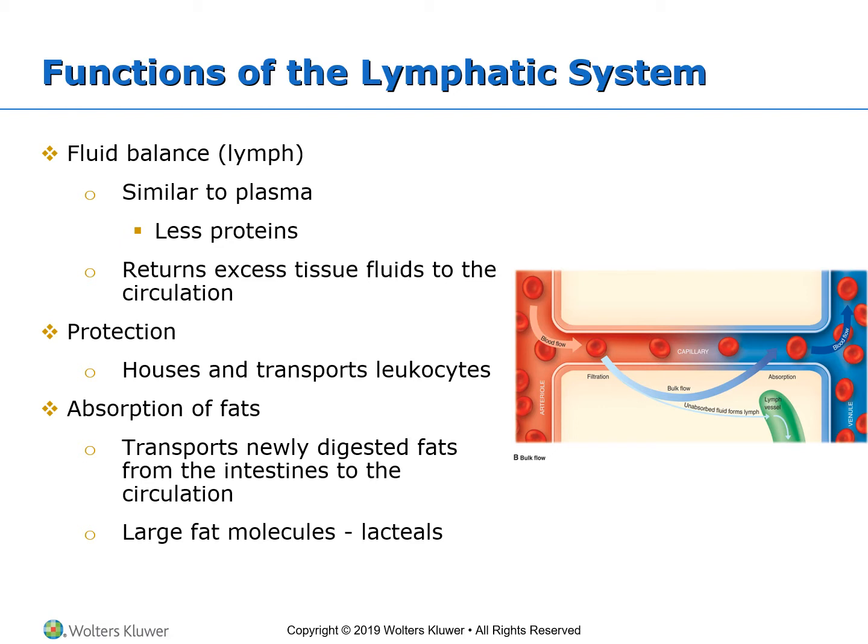So at any point in our body, everywhere in our tissue, we will have those microscopic lymphatic capillaries that will pick up the excess fluid and the proteins and will return them to the main bloodstream.